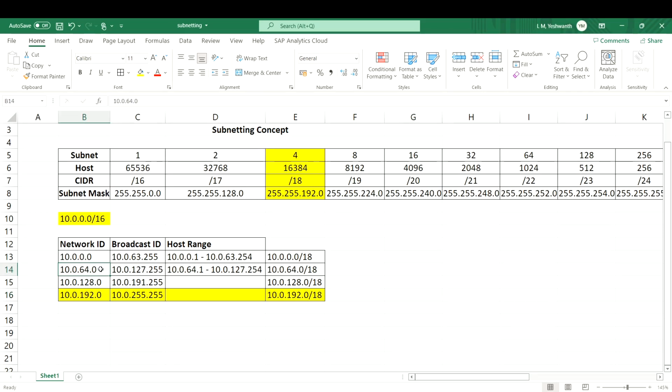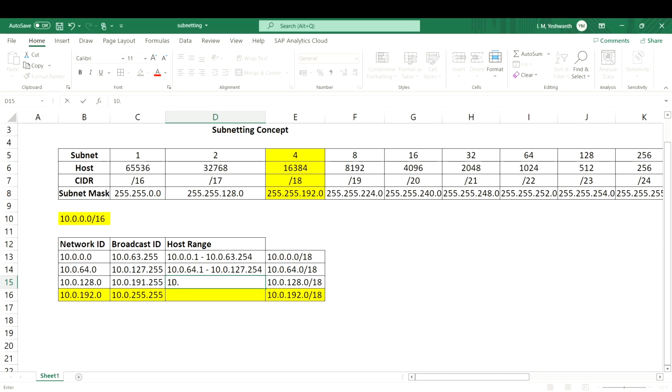So after this address, what is the next one? .1, and before this address, what is the first one, right? So before 255, which is the number that you have, 254. That is what I've written here, right? So these are the values that I'm entering here, these can be used in assigning the IP addresses to your machines or devices, right? So in the same way, go ahead and type in for the rest of the two.